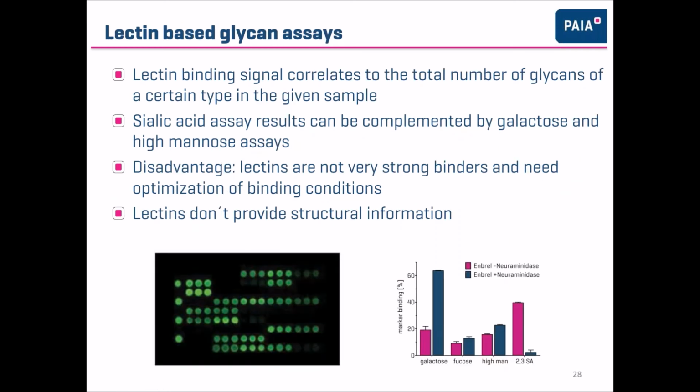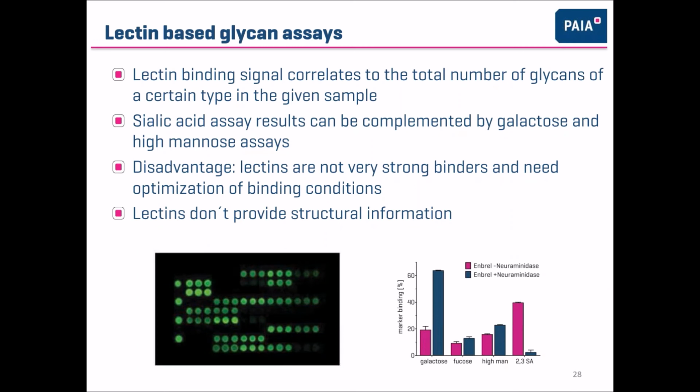For example, if you look at a microarray that uses lectins, you see triplicates of lectin spots, and the intensities of these spots tell you how much lectin has bound, and this signal correlates with the total number of glycans of a certain type in the given sample.